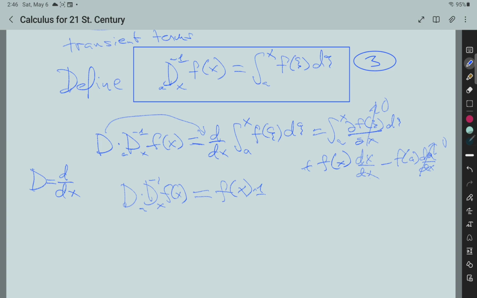Unrestricted right inverse to d. So let's call this here equation 4.